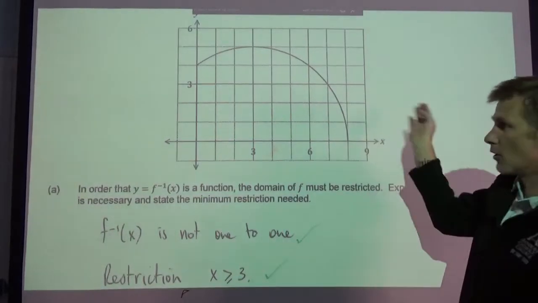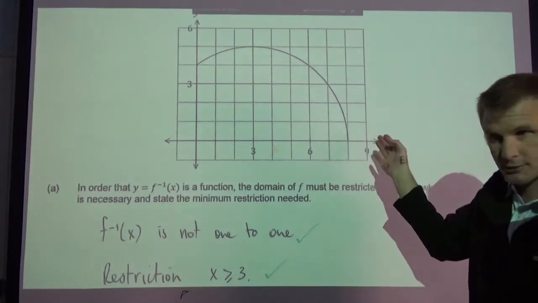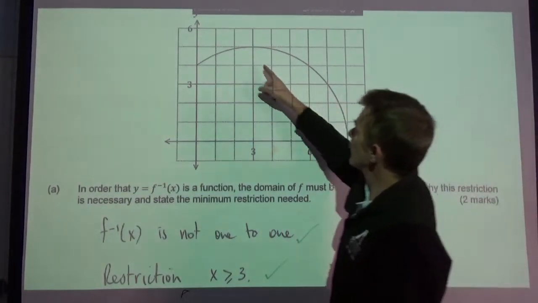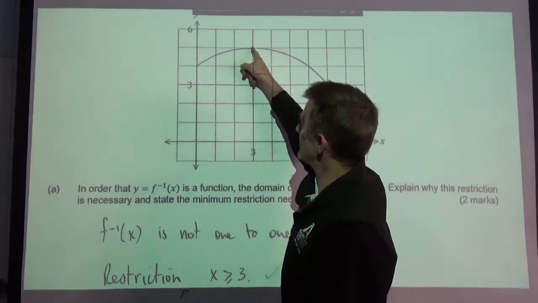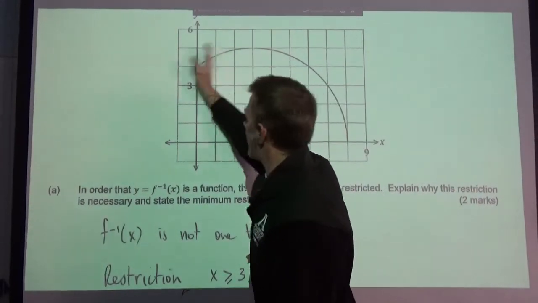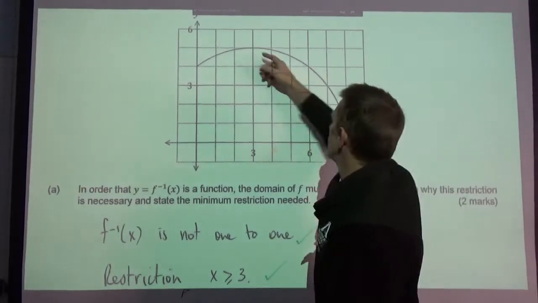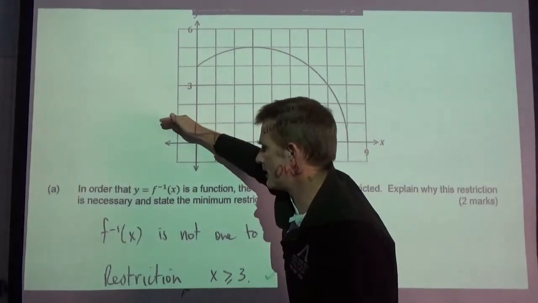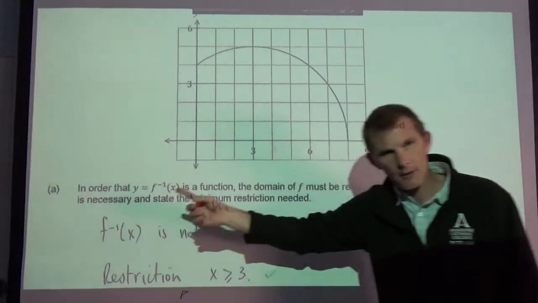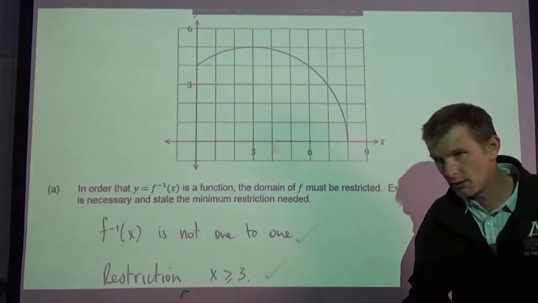So this is not going to pass the horizontal line test. And if I look here, if I take from 3 the highest point and knock out that part of it, then this part here will pass the horizontal line test, meaning that the inverse will pass the vertical line test.